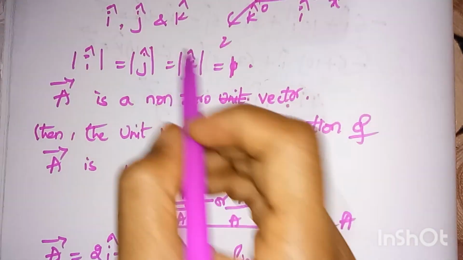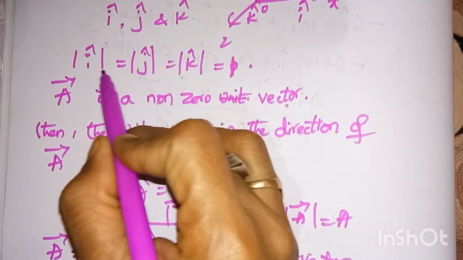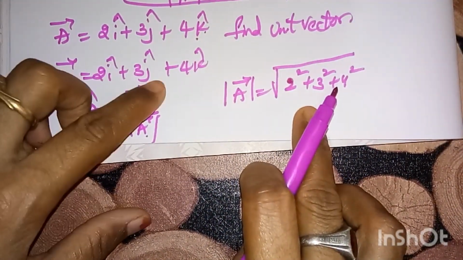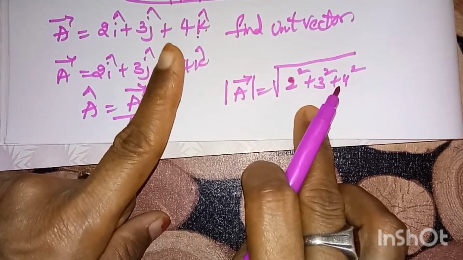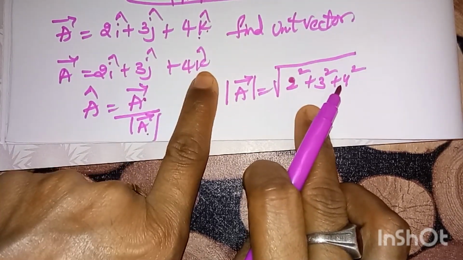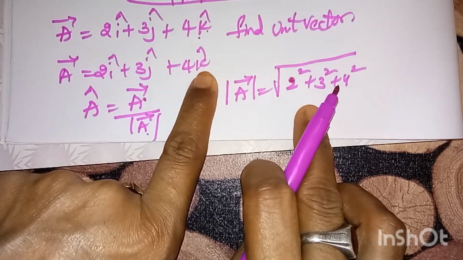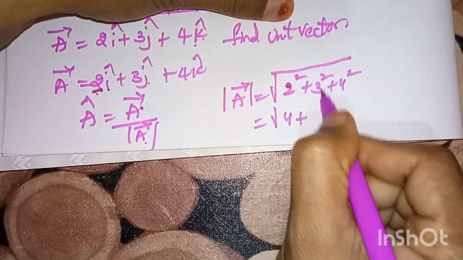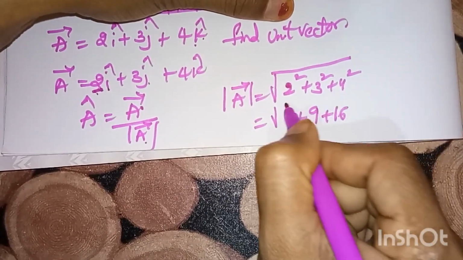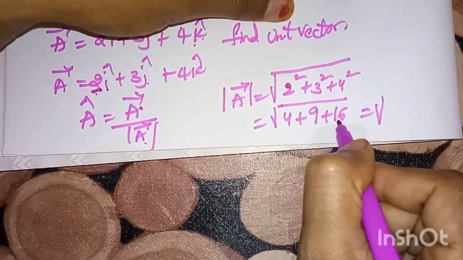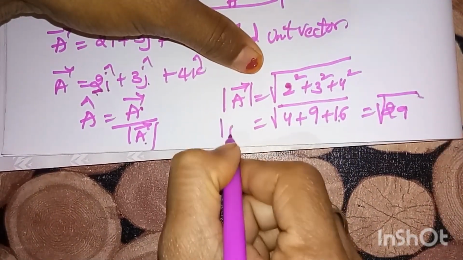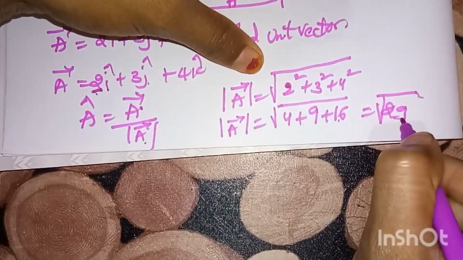The magnitude of the unit vectors i cap, j cap, k cap is 1, so for that purpose we are not considering them. What is 2 square? 4. Plus 3 square is 9, 4 square is 16. So under root 16 plus 9, 25, plus 4, 29, root 29. So the magnitude of the vector is root 29.